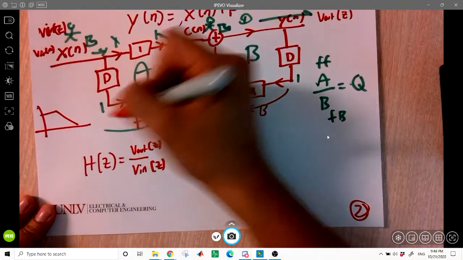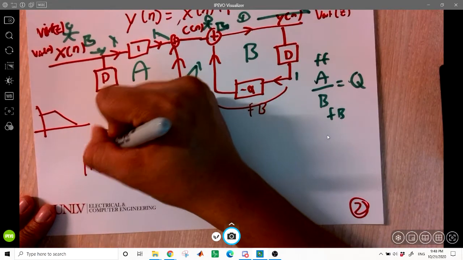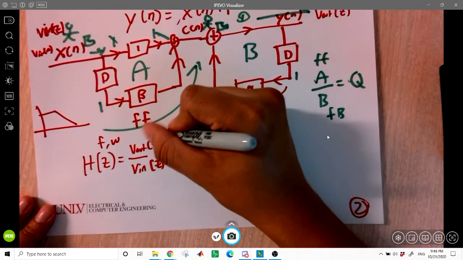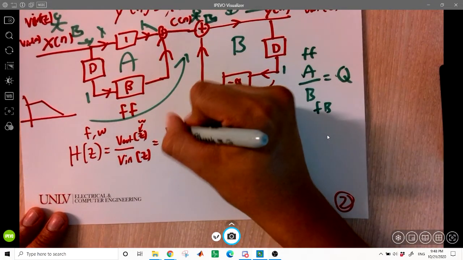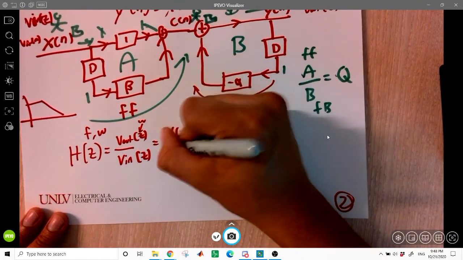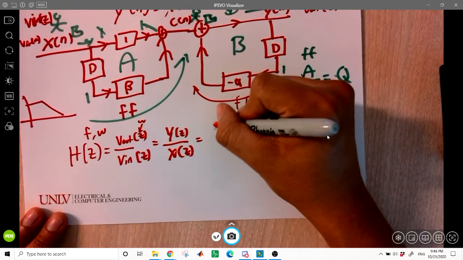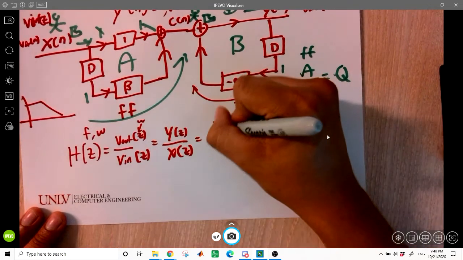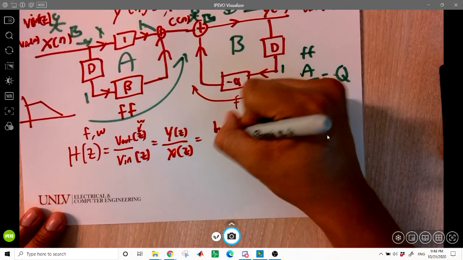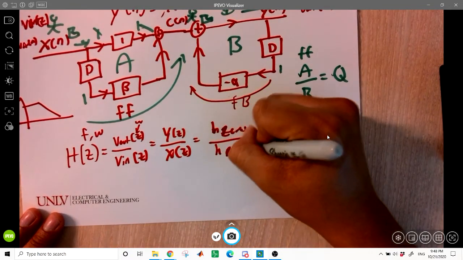We have some response, our output over our input with respect to frequency or omega. Just to help you visualize this, it can relate to Y of Z, X of Z, and this will have to equal some, actually let's split this up, H zeros and H poles is what I'm going to call it.